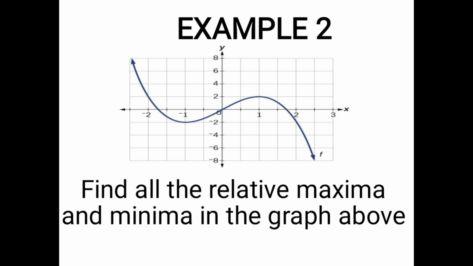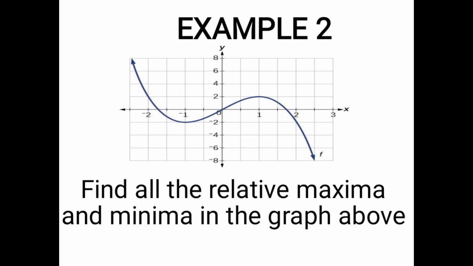Now, example 2. Considering this diagram, we have a closed interval, for instance, from minus 2.5 to 2.5. Also, within this interval, we have a sub-interval between 0 and 1.8. At this point, f of 1 gives 2, and f of negative 1 gives negative 2. At x equals 1, the corresponding value is 2, so that is the maximum point.